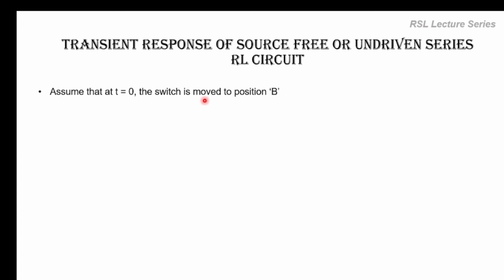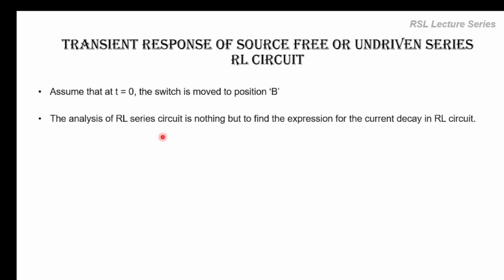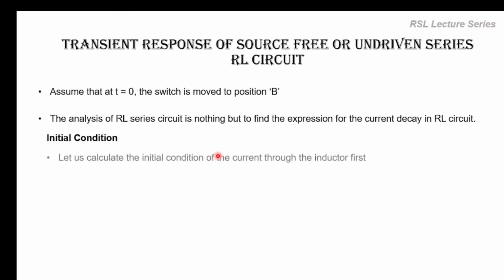Before moving the switch, it is assumed that the switch was kept in position A and the circuit has attained the steady state. The analysis of the RL series circuit is nothing but finding the expression for the current decay in the RL circuit. Before that, we have to find the initial conditions. So let us calculate the initial condition of the current through the inductor.